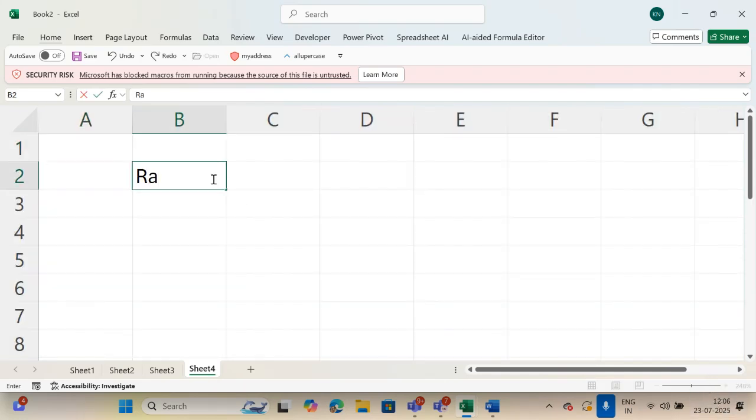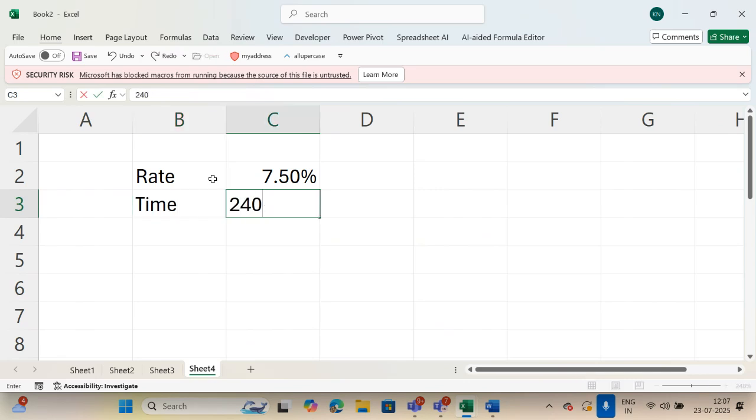interest rate is the same 7.5%, right? And the time is the same, 240. But I want to calculate, suppose, after 240 months, means 20 years.